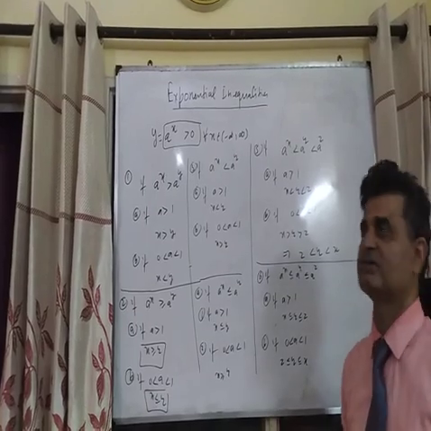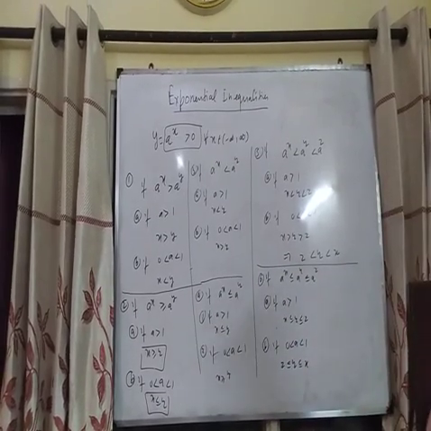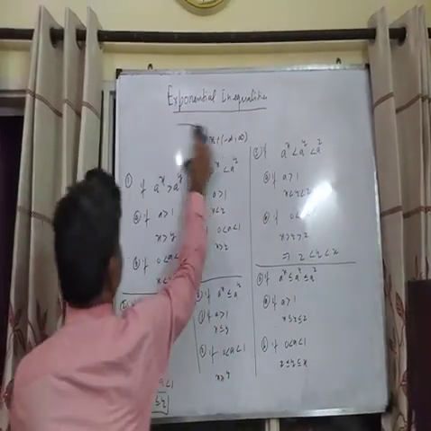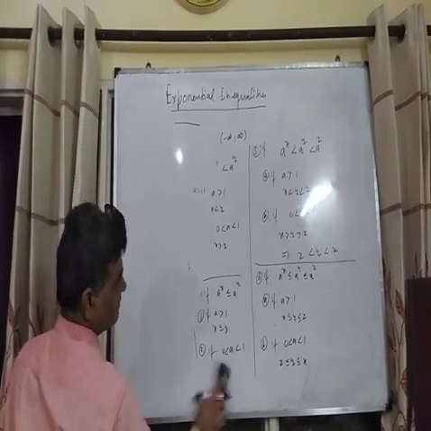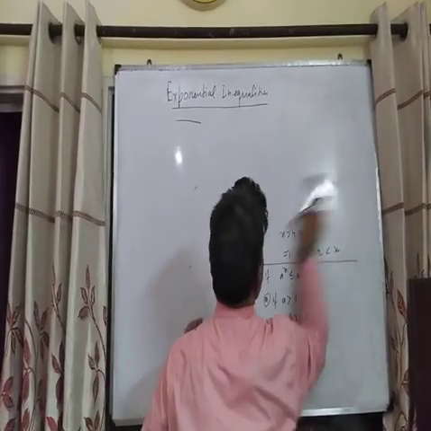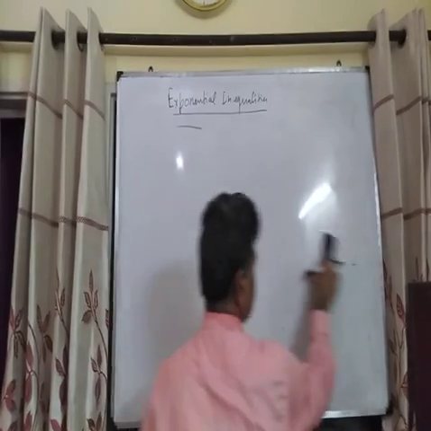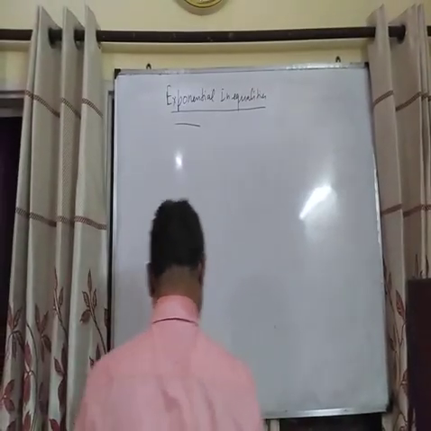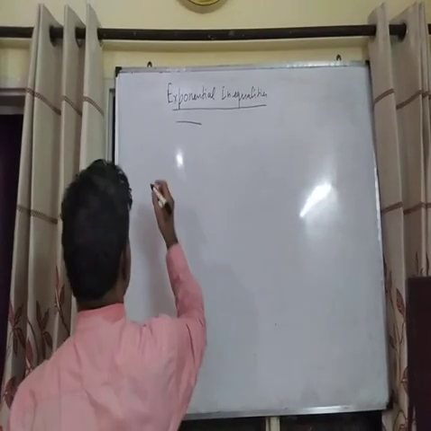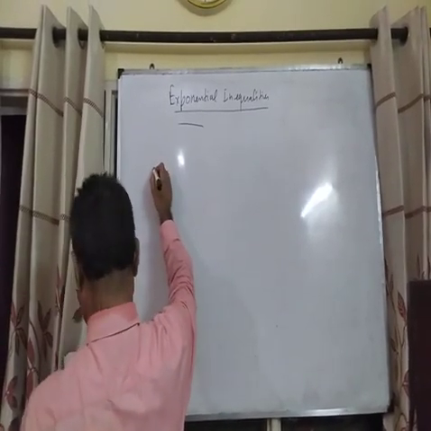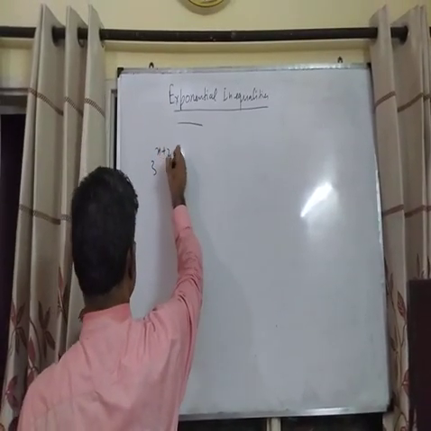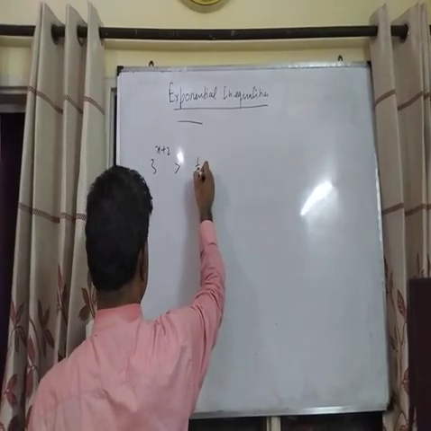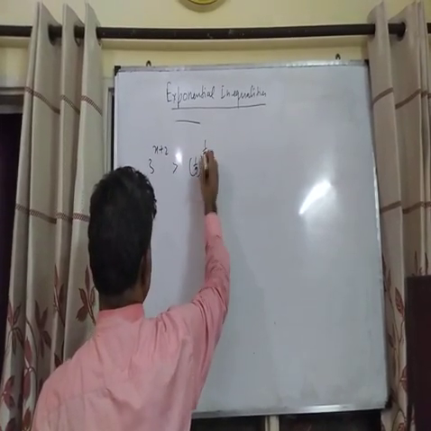Now we are going to solve some questions over here. Say, 3 to the power x plus 2 is greater than 1 upon 9 to the power 1 by x.